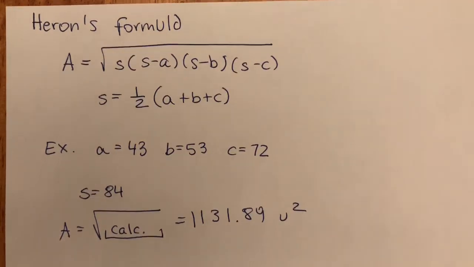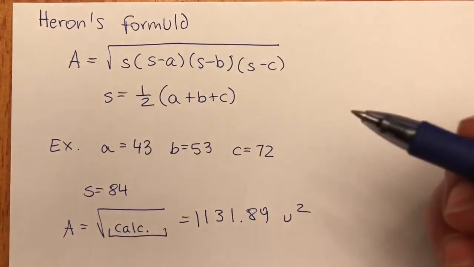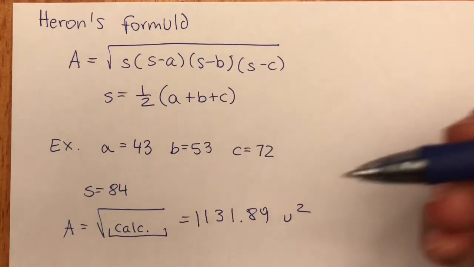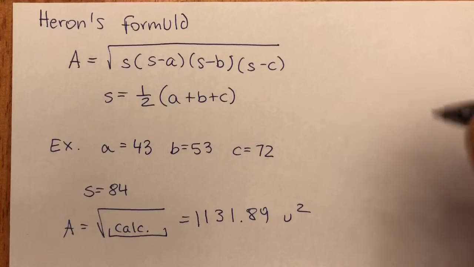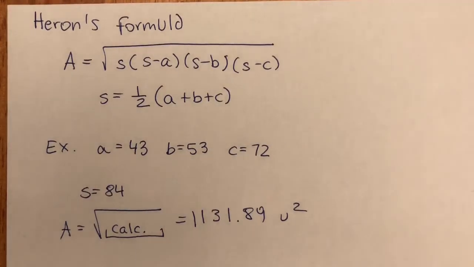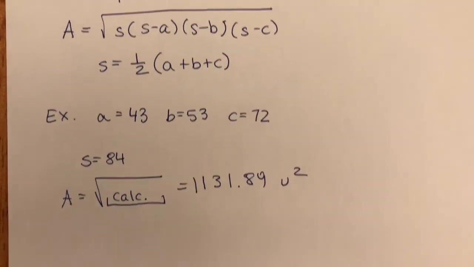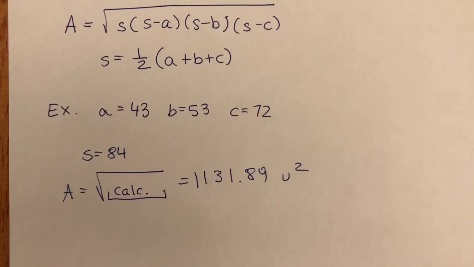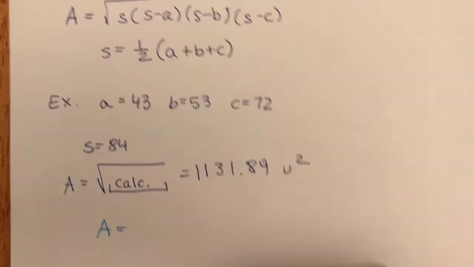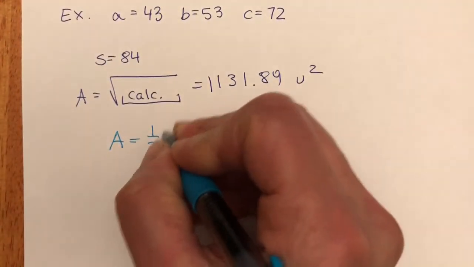So again, it is very useful if you have 3 sides given and you don't have any angles, you don't want to draw the height, because as you probably recall, the most popular formula for the area of a triangle is 1/2 base times height.